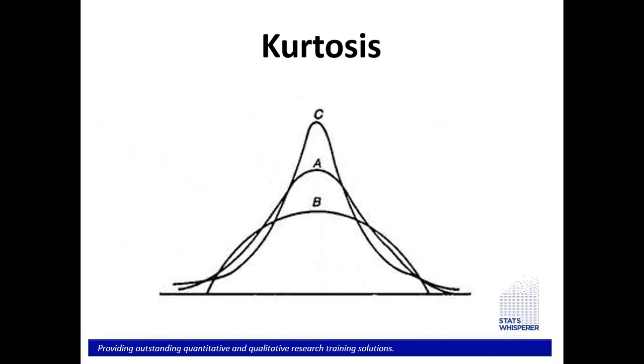So the tails are kind of inflated to the point where the center doesn't even have a peak. So that's poor kurtosis. So essentially, the normality of the distribution is threatened by poor skewness and kurtosis.